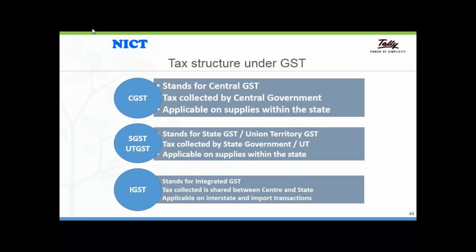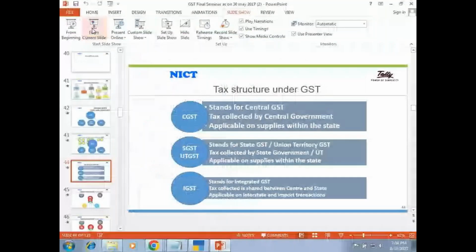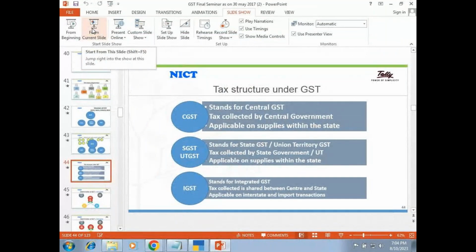We'll go a little bit further. By this time, you are somewhat familiar with the terminologies. Now, in a country, there can be two types of transaction. Intrastate, within state, and interstate, between state.